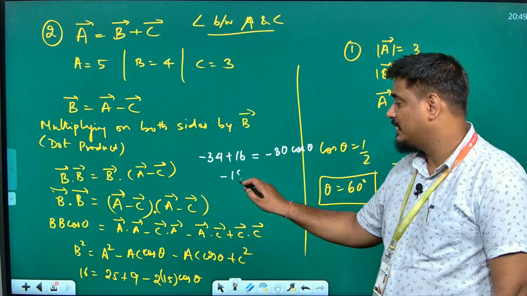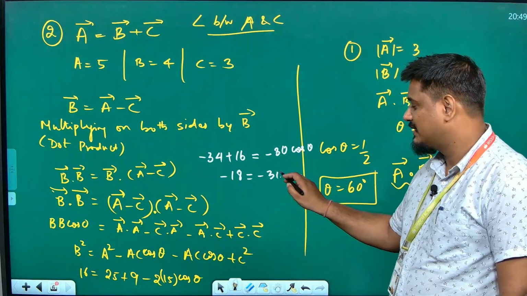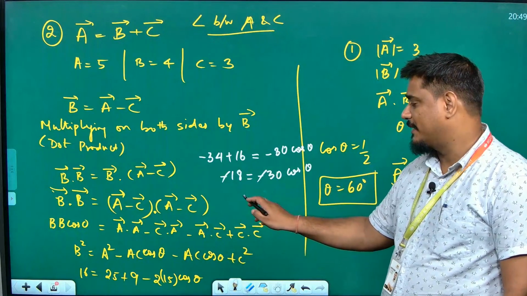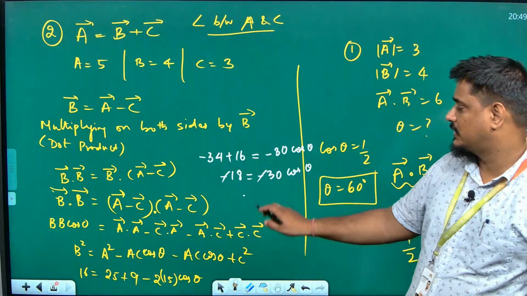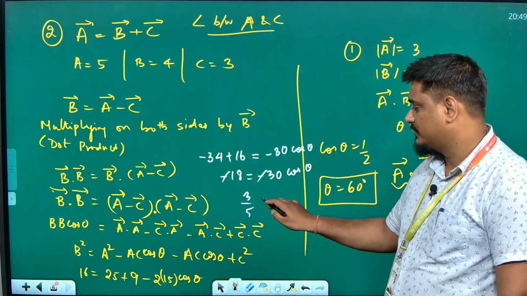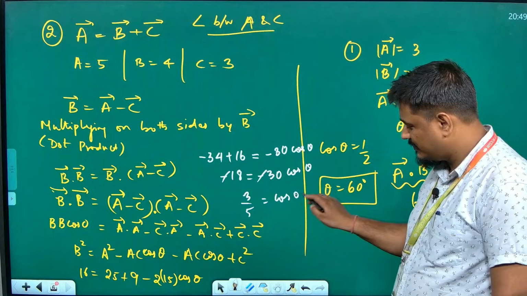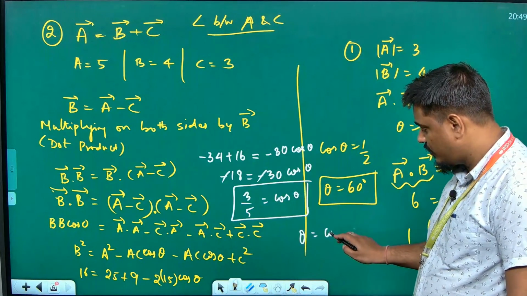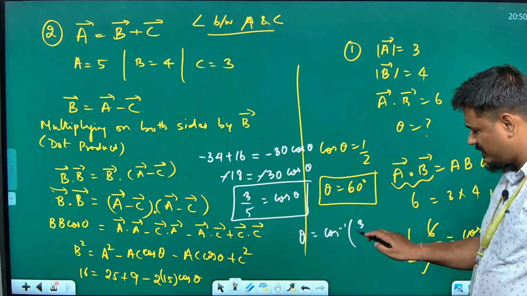Minus 18. This side you will have minus 30 cos theta. Minus minus gets cancelled. What is 18 by 30? 3 by 5. That is the answer. 3 by 5 is cos theta. From here we can write theta is equal to cos inverse of 3 by 5. That is the answer.